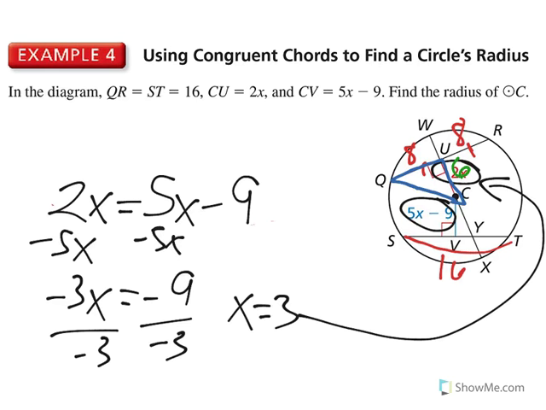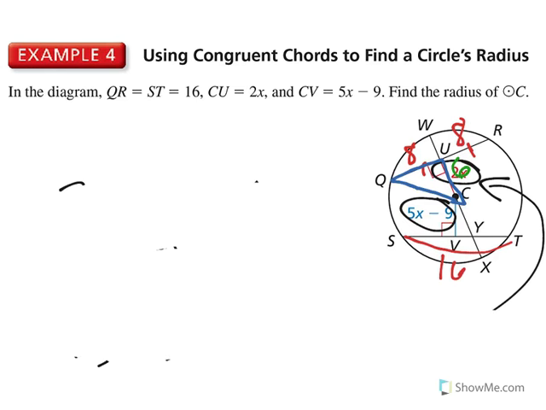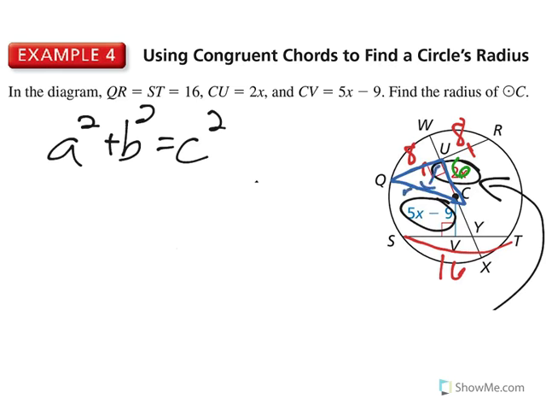Okay, so for our Pythagorean theorem, I'm going to erase this so we have more room. The Pythagorean theorem tells us we have a squared plus b squared equals c squared. And so we're going to plug in our sides. The hypotenuse is always our c, and the hypotenuse for this problem, across from the right angle, is going to be the radius that we're looking for. So I'm going to plug in an r for c squared. And for the other two, it doesn't matter, I can do either one for a, either one for b.